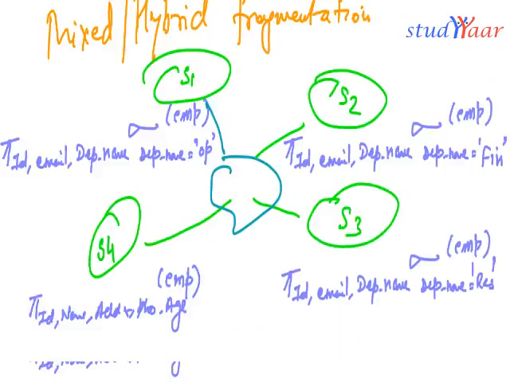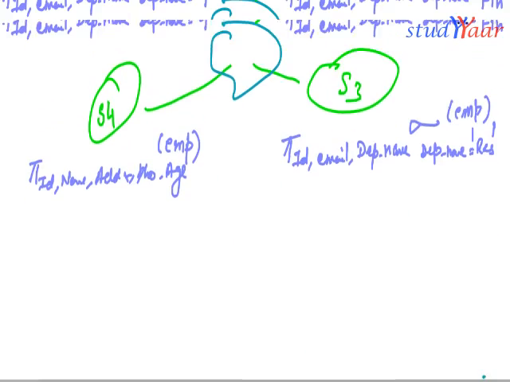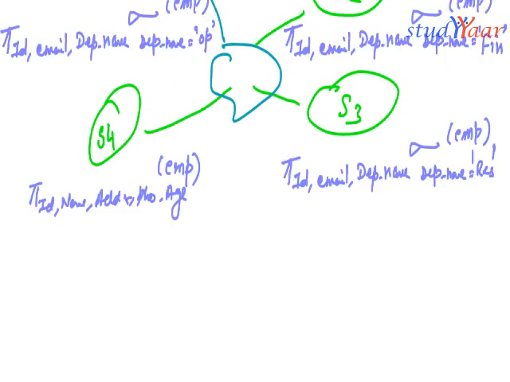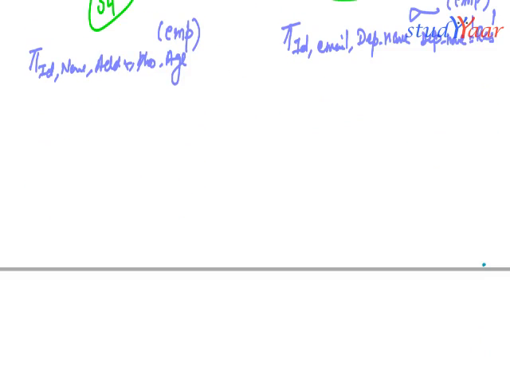The information regarding what fragments contain what type of attributes or tuples is stored in what we call a fragmentation schema. So the fragmentation schema determines how a relation is fragmented.